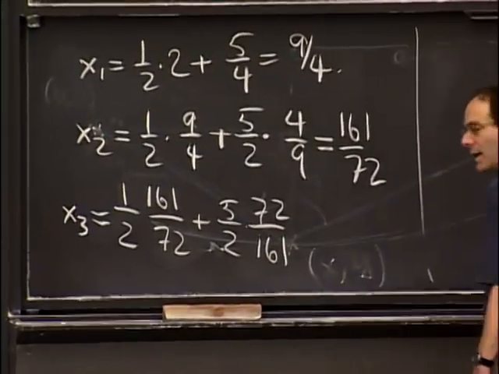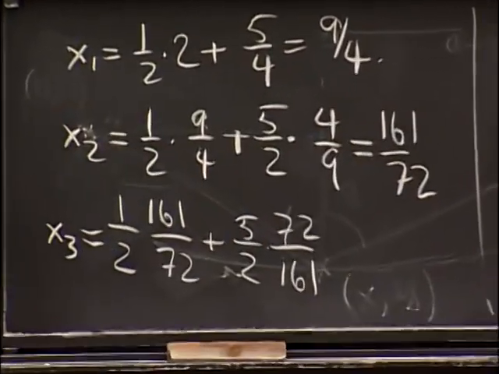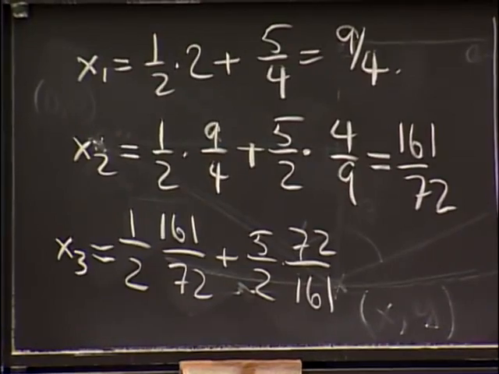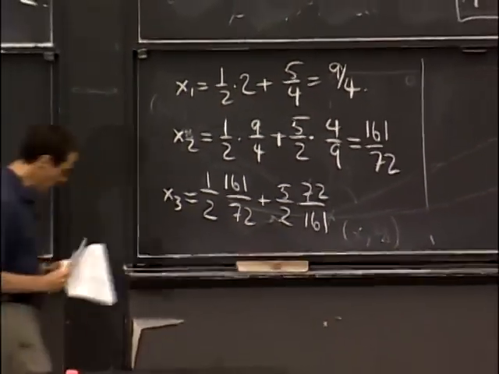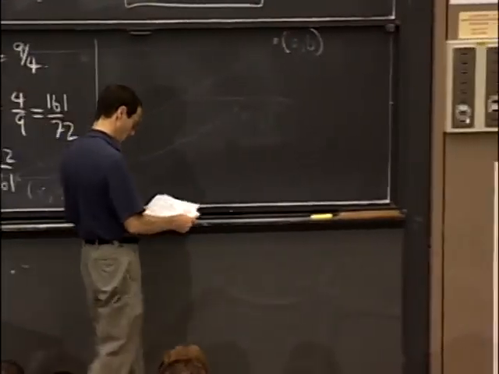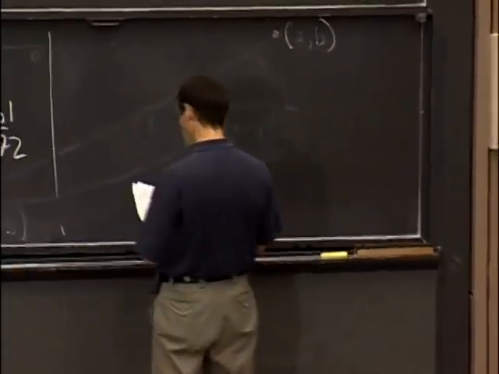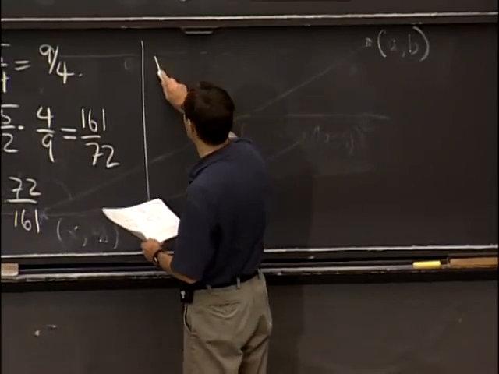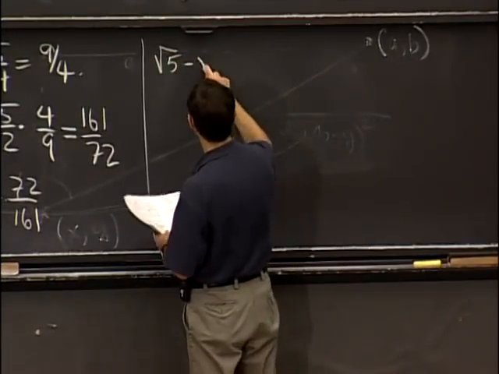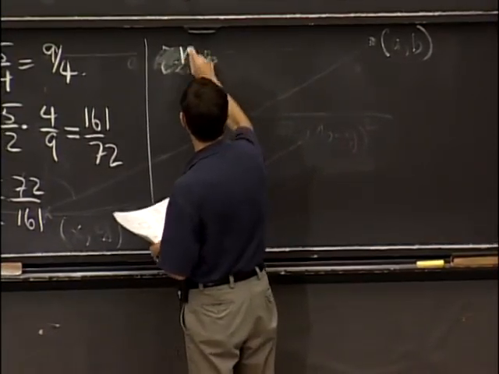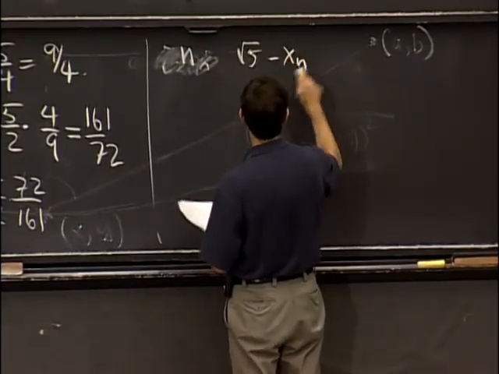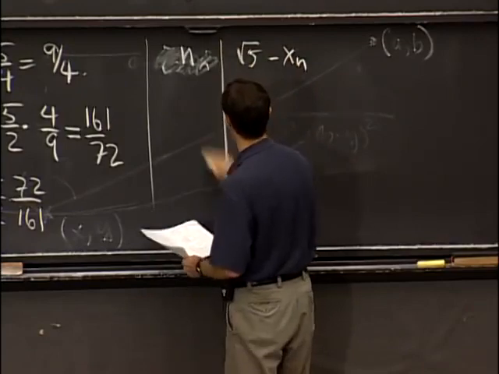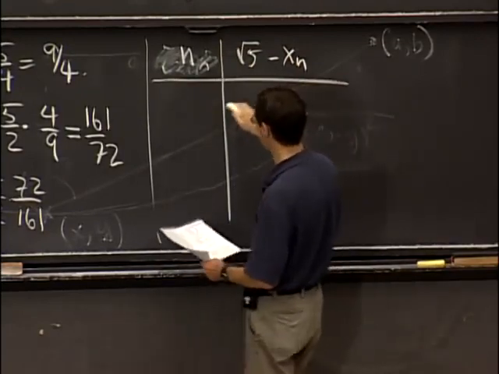I carefully calculated how far off they are somewhere in my notes. So I'll just take a look. Yeah, I did do it. Okay, so here's n, here's the square root of 5 minus xn, if you like, or the other way around. The size of this.